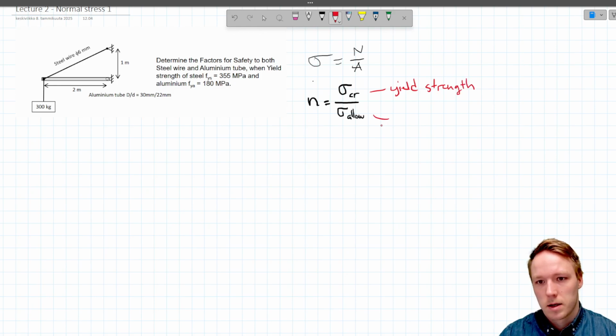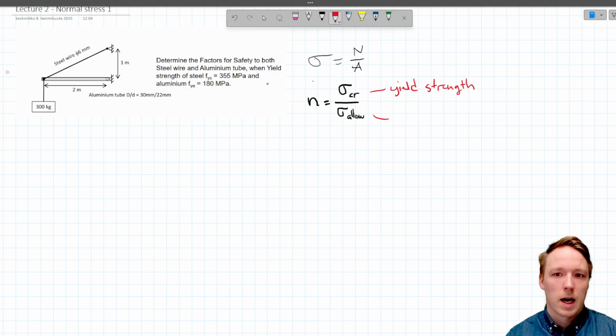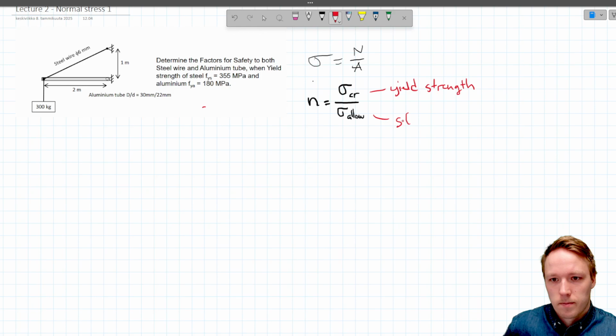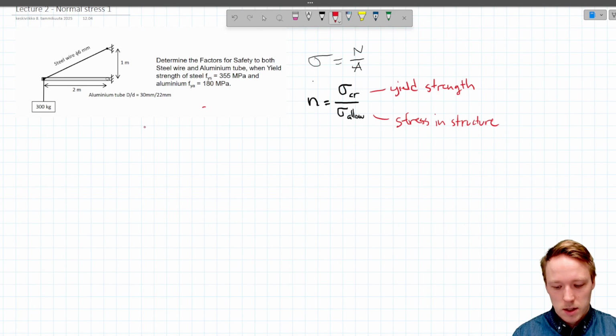And sigma allowed is the value which we calculate in this task, the stress in the structure. Alright, those are the base formulas which we're going to need. So let's start the task.